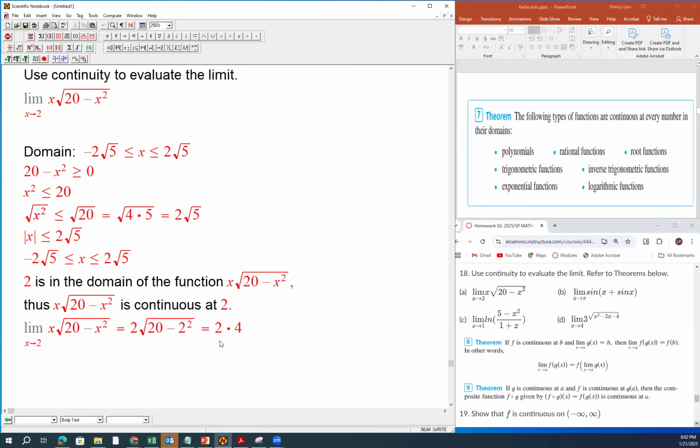Root 16 is 4, so the limit is 8. So you can see if we know a function is continuous at a certain point, evaluating its limit is just a direct substitution. That's what the definition of continuity is telling us.